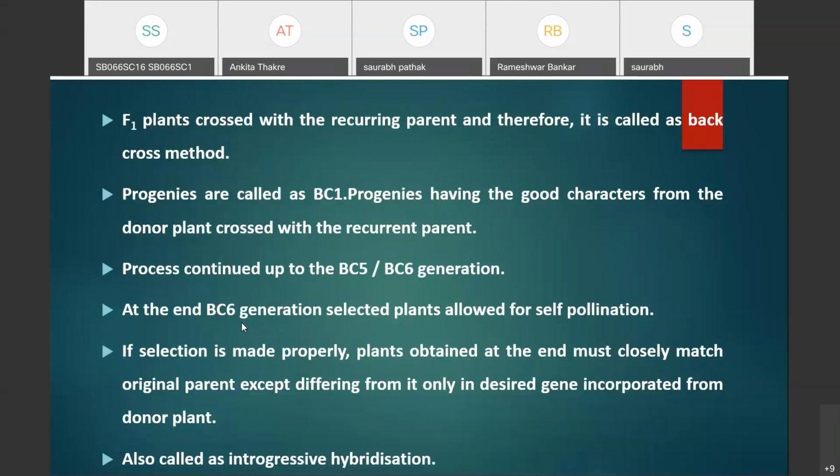This backcross method is also called introgressive hybridization.